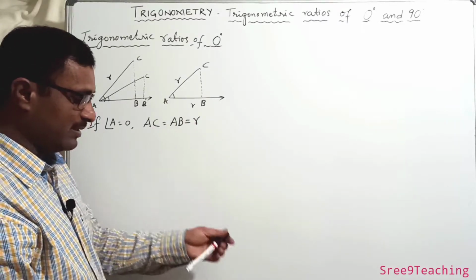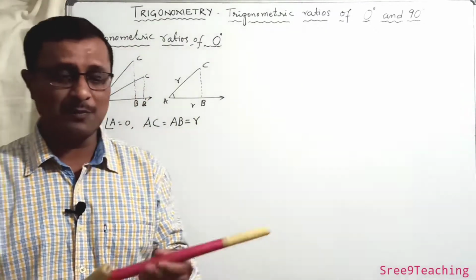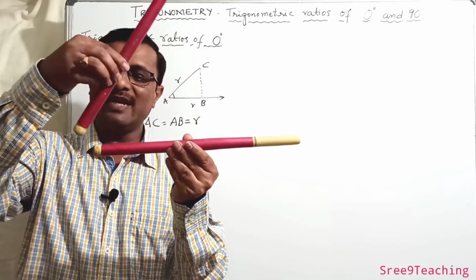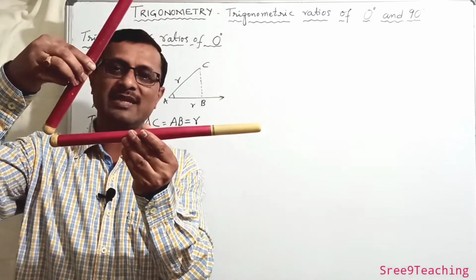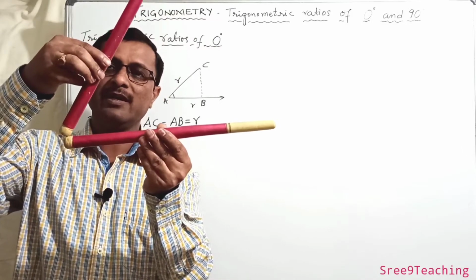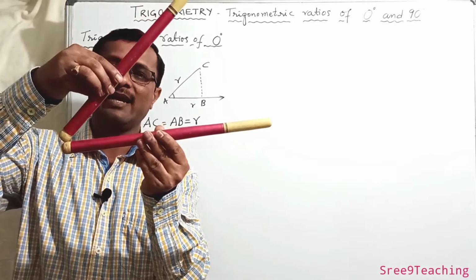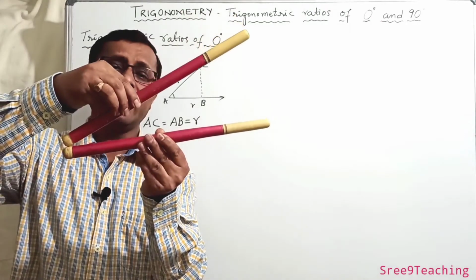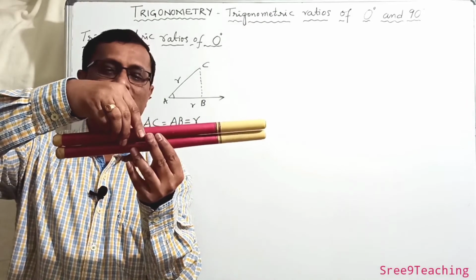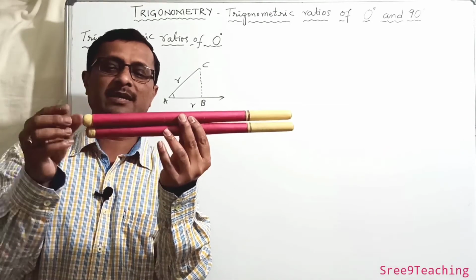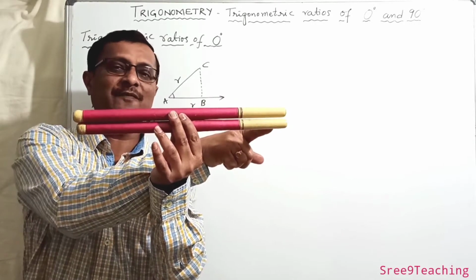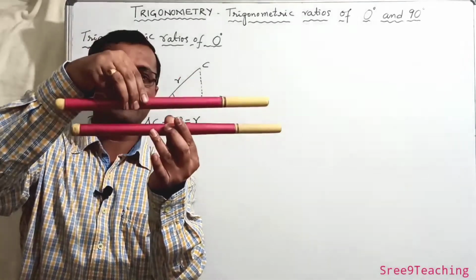I will show you an example here. Suppose this is the horizontal line, the ray, and this is AC, which is making an acute angle here. Now the angle is getting decreased and it goes on, and when the angle is 0, the length of AC equals the length of AB, so both have the same length, right?